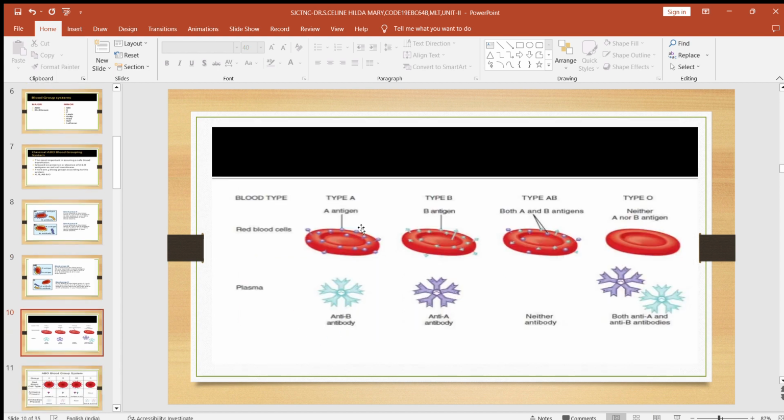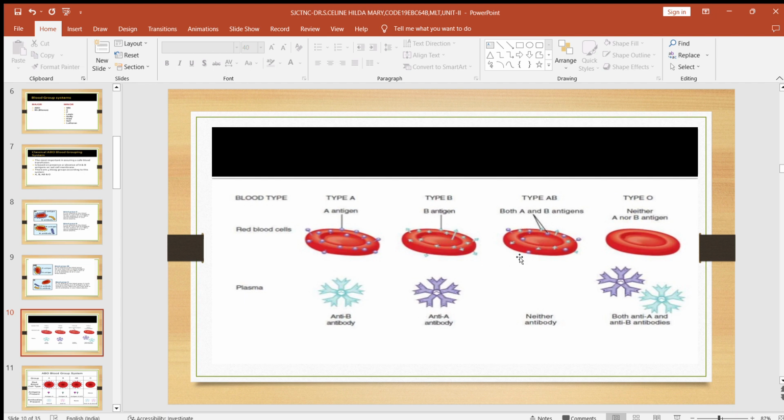This slide also shows the presence of the antigens on the RBC. In type A, the A antigen is present on the surface of the RBC, and the opposite antibody, that is antibody B, is present in the plasma. Likewise, in the B blood group, the B antigen is present on the surface, and the opposite antibody A is present in the plasma.